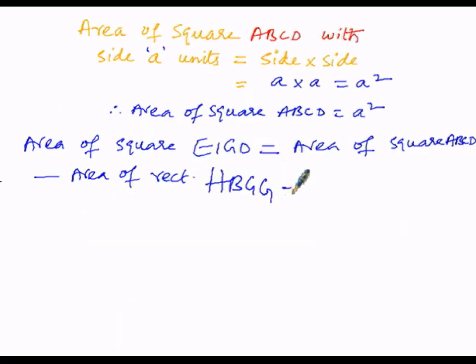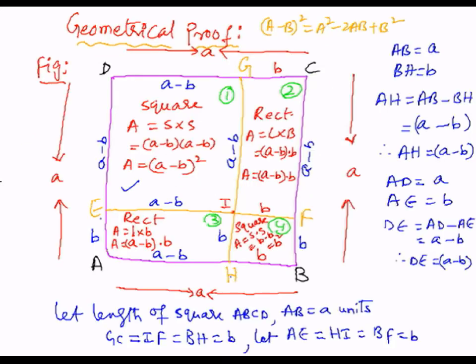Then subtract even this part, this area, so here the length is of A and breadth is of B, so since adjacent sides are not equal, it will come under rectangle again, so here rectangle ABFE, so here we have to subtract the area of the rectangle ABFE.